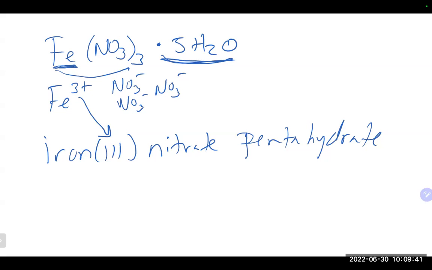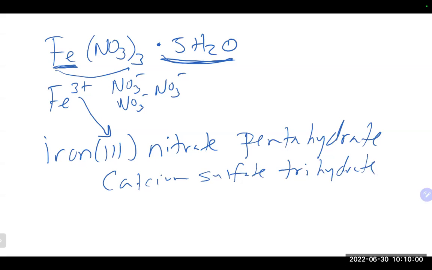So obviously if we had something like calcium sulfate trihydrate, and we want to write the formula, we would pretty much do it in the same two parts.